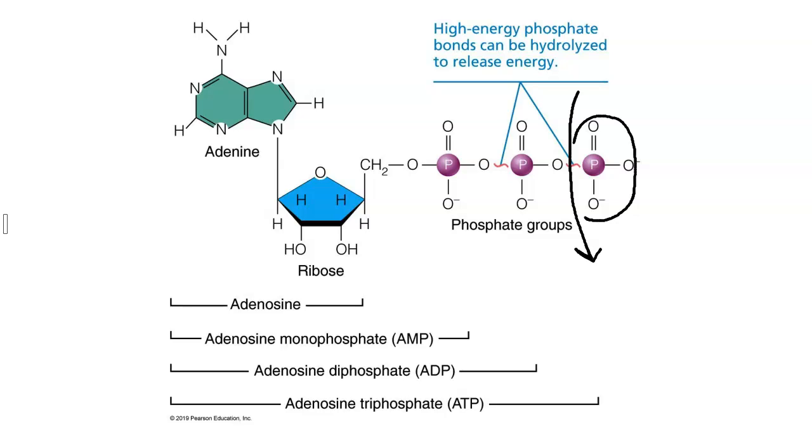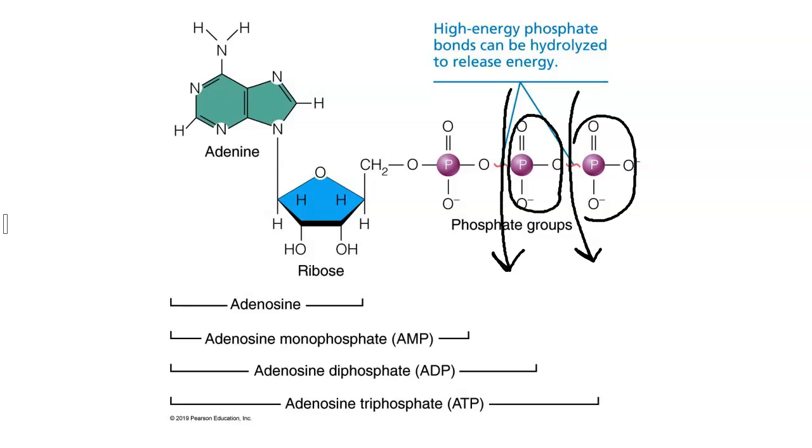And even that has energy in it, and so the cell could cleave off that distal phosphate, and then it would release energy. You can use that energy to do work, and you'd be left with two free phosphates and adenosine monophosphate, or AMP. And so this is the structure of ATP and the way that ATP works. Basically, the cell cleaves off that phosphate tail to release energy to do work.